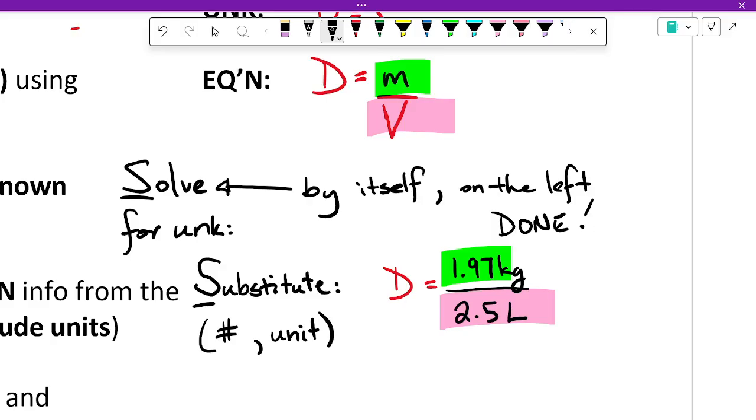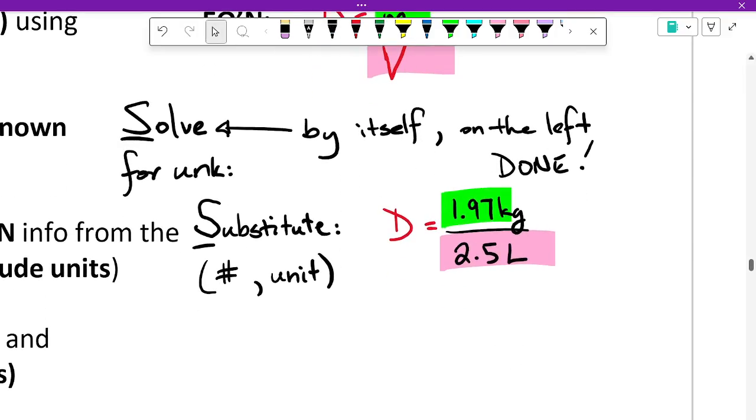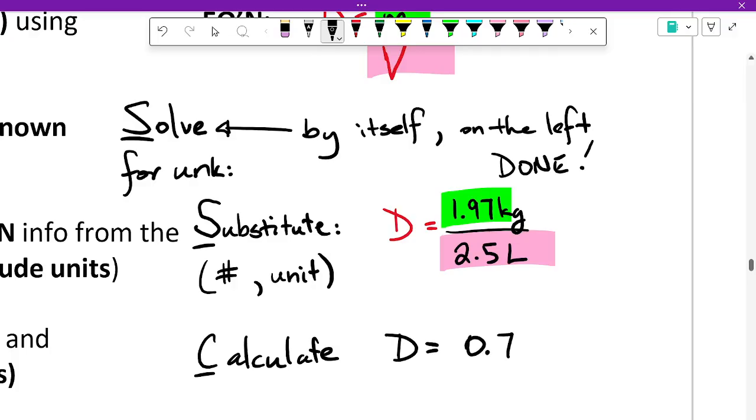So 1.97 divided by 2.5 is, then we calculate, which means we actually do the numbers. Divide 1.97 by 2.5, and we get D is equal to 0.788.